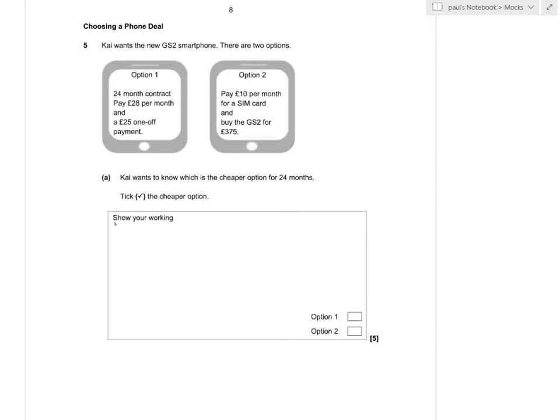So option 1 is 24 times 28 plus 25, so option 1 is 697.